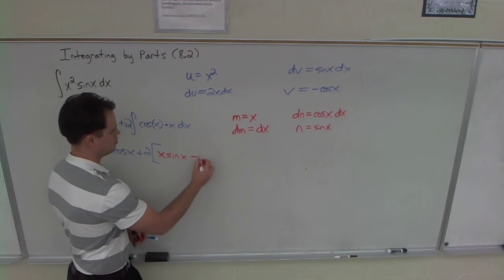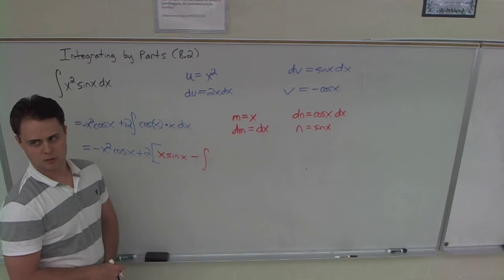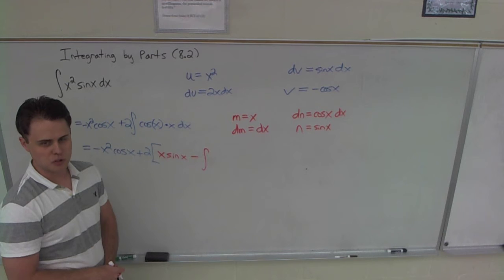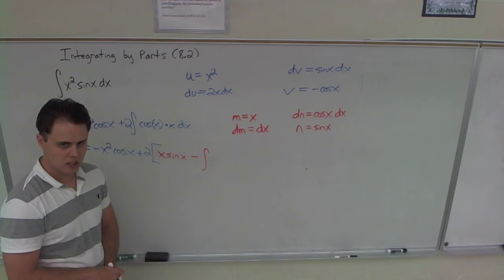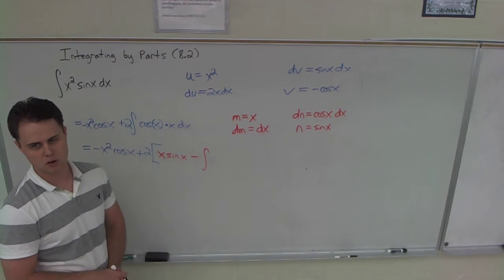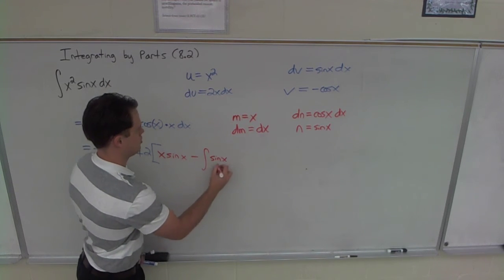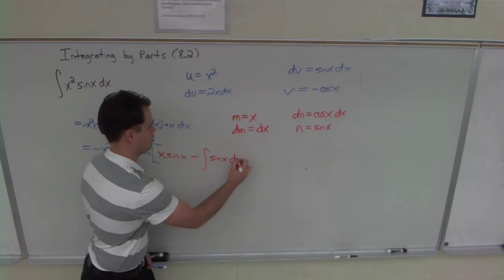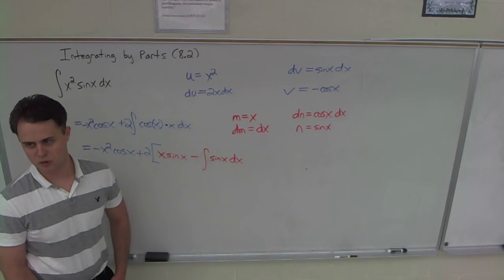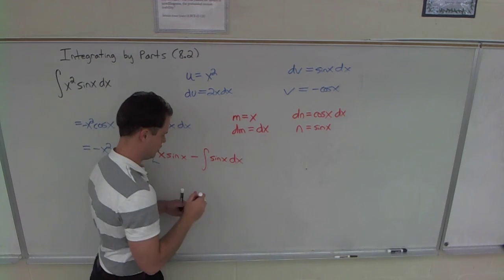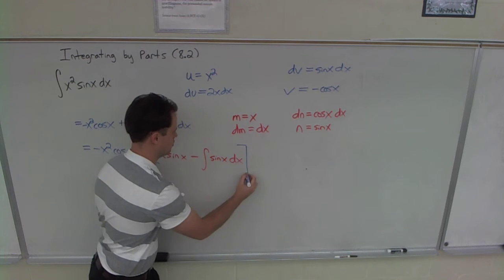Mn minus the integral of, for UV it was UV minus integral v du, so mn minus integral of n dm. That's an integral. It's very simple. So our integration by parts has been successful.